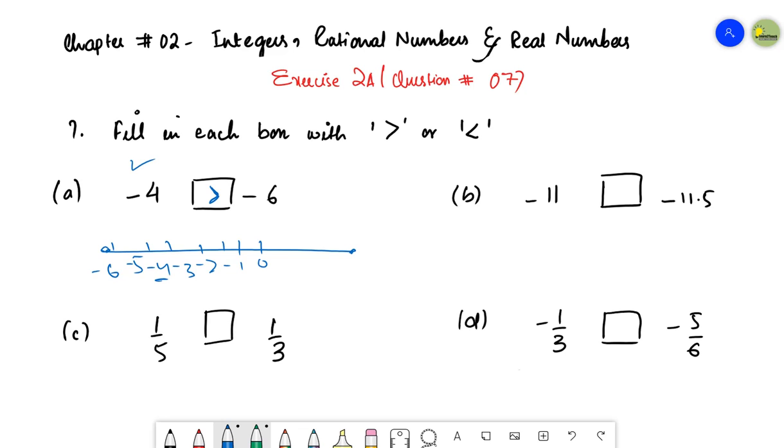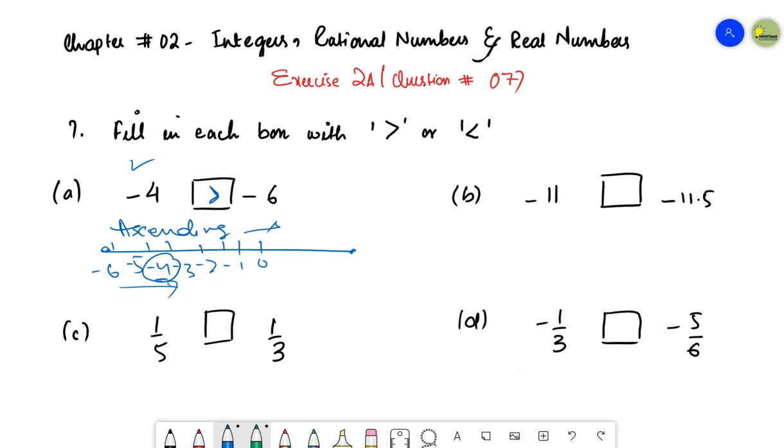So it means it's bigger than -6. Why? Because the numbers are in ascending order on a number line. Ascending order means that the greater number is going to be next. So since -4 is bigger than -6, it is next to -6. So that's why we can say that -4 is greater than -6. So I have used a greater than symbol over here.